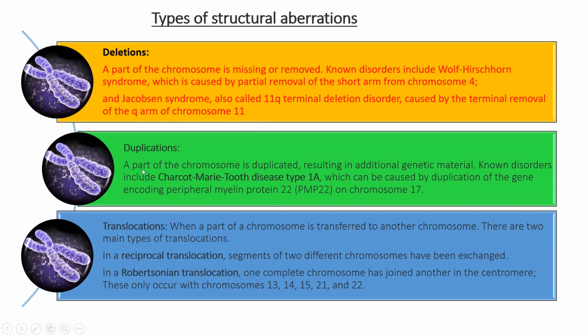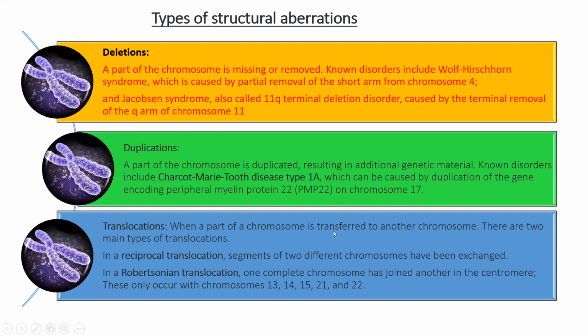Now what is duplication? A part of the chromosome is duplicated, resulting in additional genetic material. Known disorders include Charcot-Marie-Tooth disease type 1A, which can be caused by duplication of the gene encoding peripheral myelin protein 22 on chromosome 17. Third is the translocation.